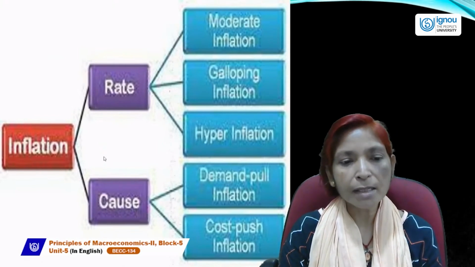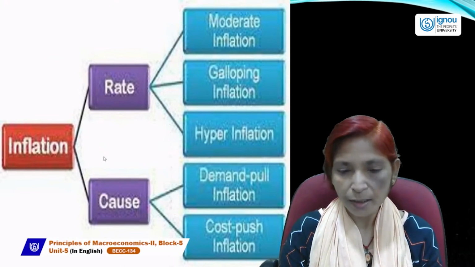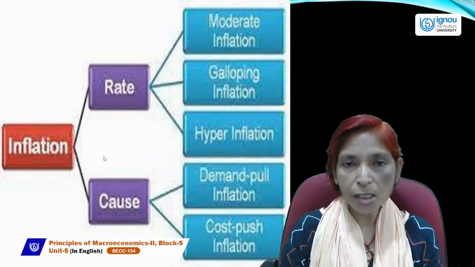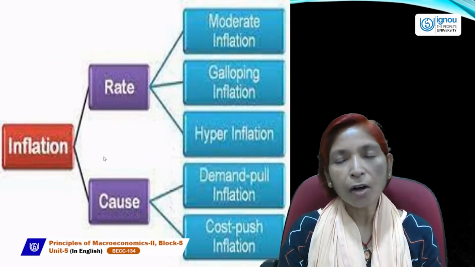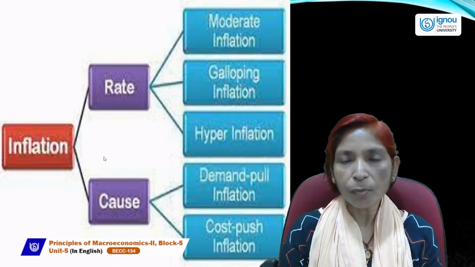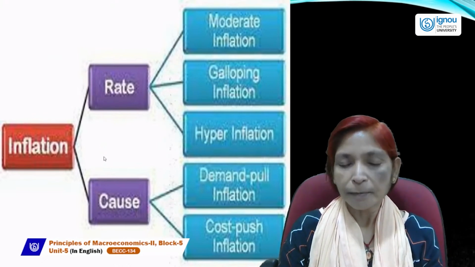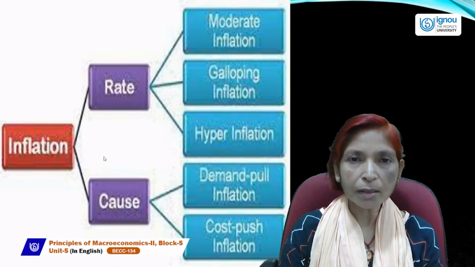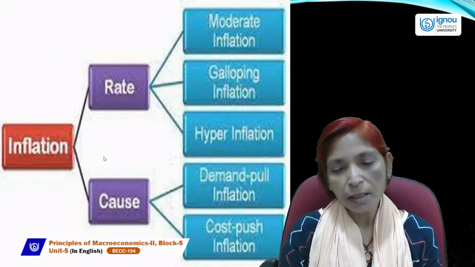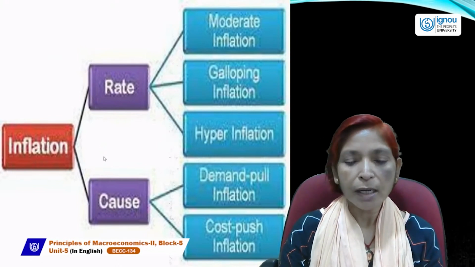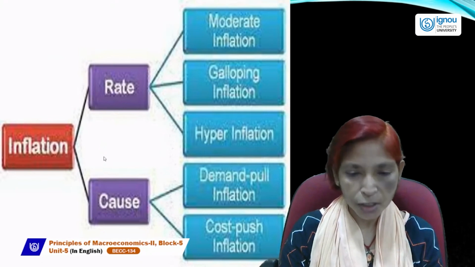That's why it is known as a cause of inflation. And the other cause is cost push inflation. In an economy, an increase in cost of production will also push the price level higher. So demand pull inflation and cost push inflation are the causes of inflation.